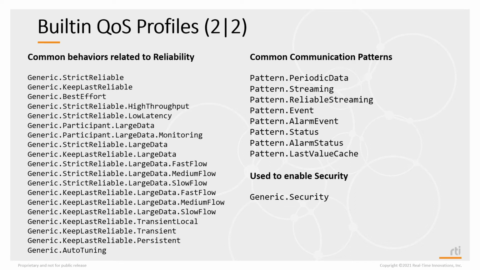If you are using RTI Connext DDS Secure, which is the version of RTI Connext DDS that supports the DDS security specification from OMG, then you might want to use a generic security built-in QoS profile as a base class from which you create your domain participant. This will make your domain participant a secure participant.